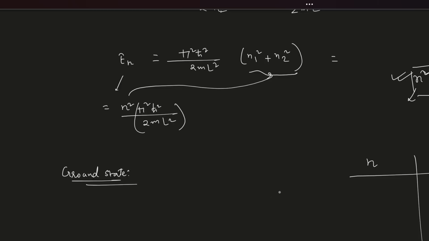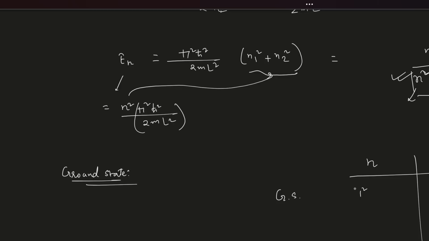So for the ground state, that means the minimum state it can be at, you know that n starts from 1 generally, right? So n1 also starts from 1, 2, 3 and so on, and n2 also can take values of 1, 2, 3 and so on. The lowest possible energy corresponds to n1 equal to 1 and n2 also equal to 1, because n cannot be 0, and you have to choose the lowest.